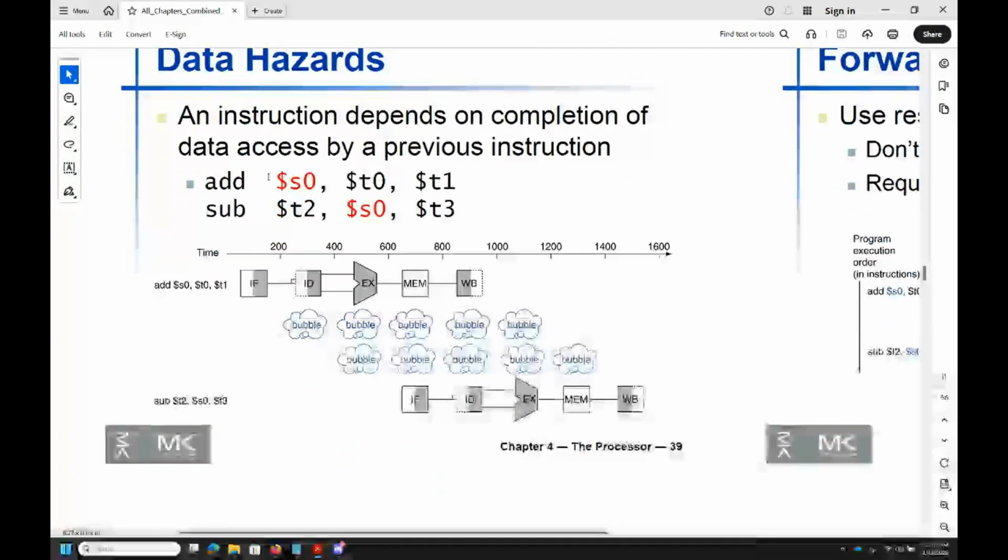So here you're doing add the contents of temporary register 0 and temporary register 1 to register S0, and then subtract the S0 value from temporary register 3. Now think, what will happen if this sub instruction executes before the add instruction? What will happen?